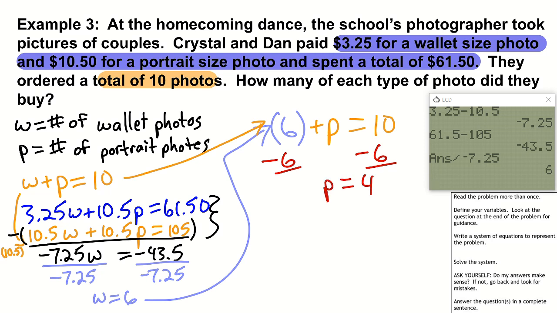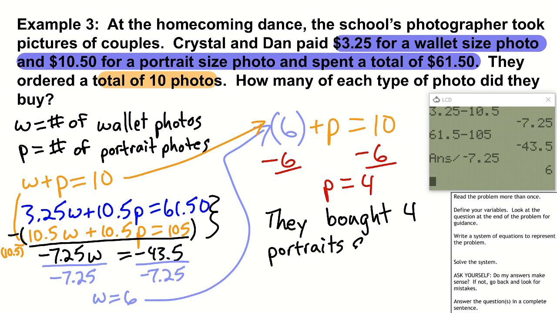So my solution: they bought 4 portraits and 6 wallets. Yeah, that's good enough.